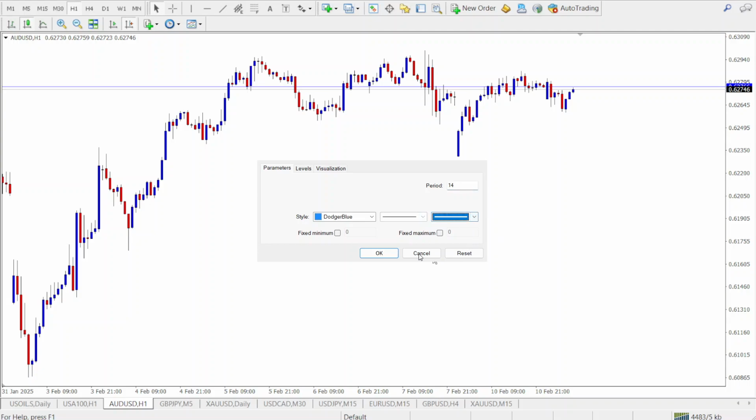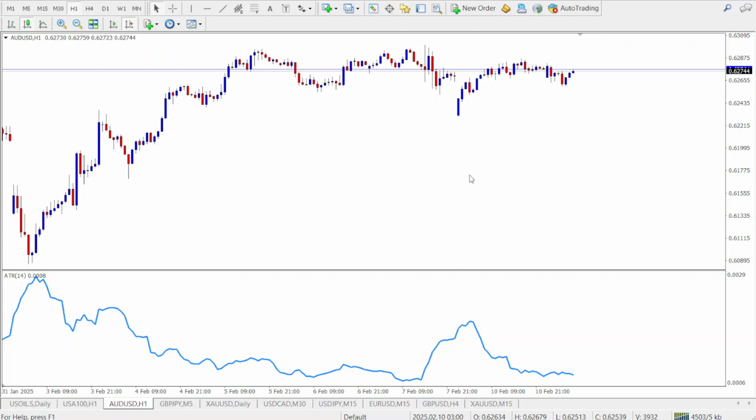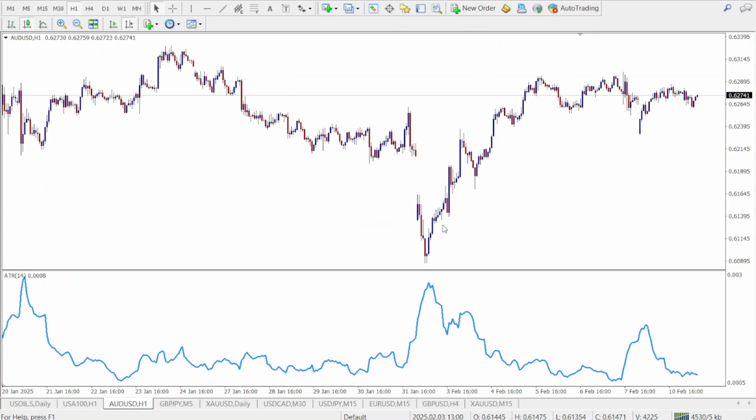So this is the average true range indicator, or the ATR for short. Most traders focus only on price action or trend indicators, but they overlook one crucial factor, which is volatility. Now, ATR helps you to measure market volatility, improve trade entries, and stop loss levels like a pro.